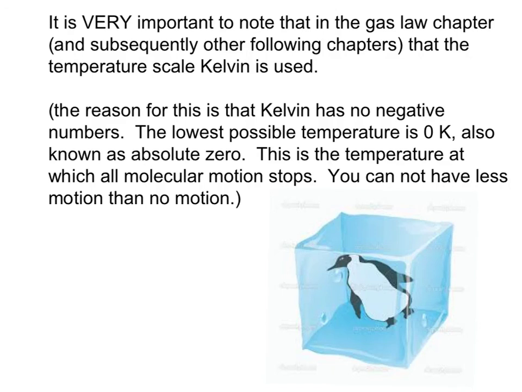The reason for this, Kelvin has no negative numbers. The lowest possible temperature is 0 Kelvin. It's also known as absolute zero. This is the temperature at which all molecular motion stops. Basically, you cannot have less motion than no motion. So 0 Kelvin is the lowest temperature that can be recorded.